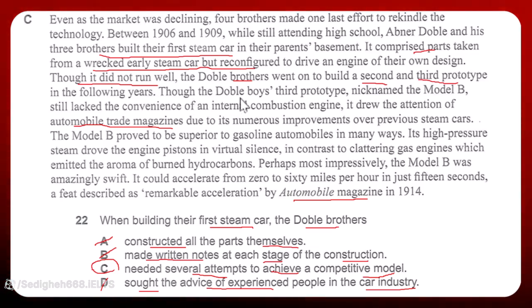So when it says that they built a second and third prototype, it means they have made several attempts to achieve a competitive model because they were looking for the best model, so they were doing these things. So here was the end of our questions.